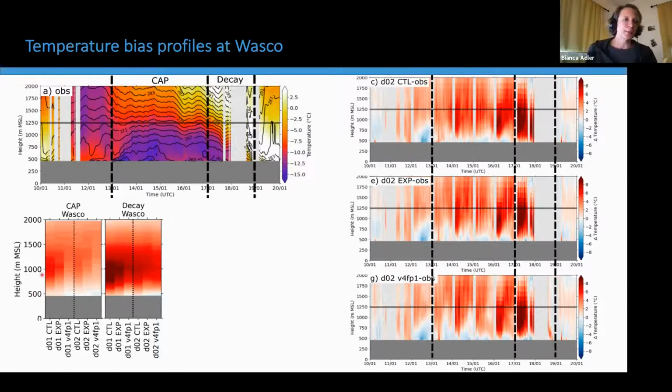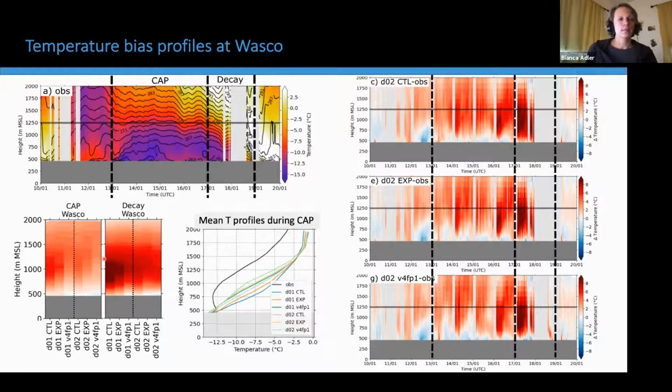When the horizontal resolution is kept constant, we can see a continuous improvement from control to experimental to version 4. So the bias gets smaller. However, even in version 4, we still see a pretty strong warm bias in all layers.